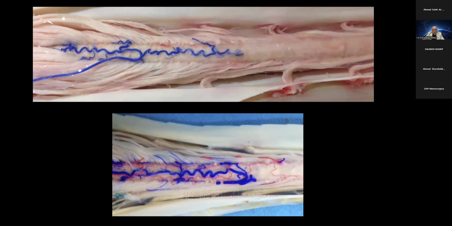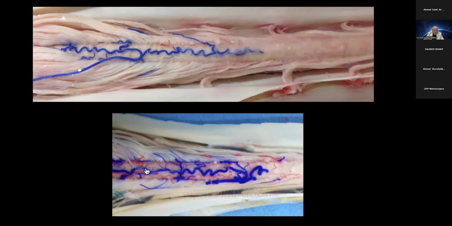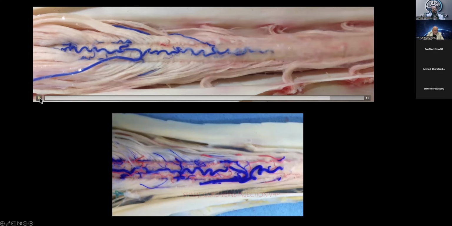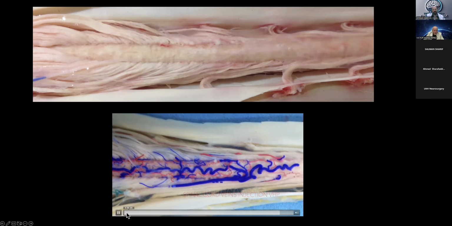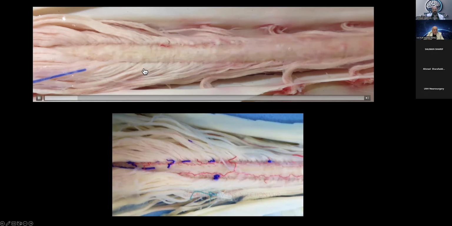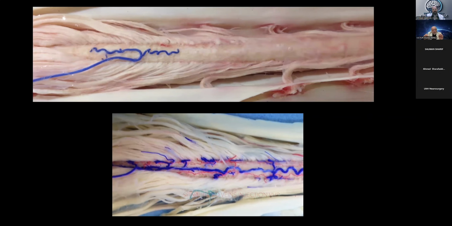So if you analyze the vein drainage of these spinal cords, let me show you again. In the upper view, you can see only two or three dominant vein vessels.